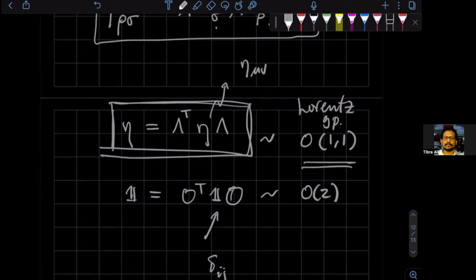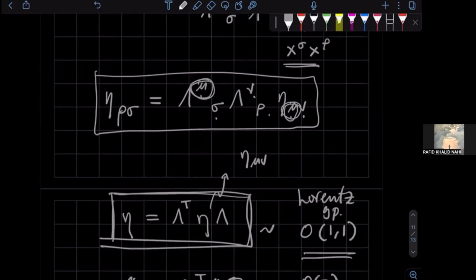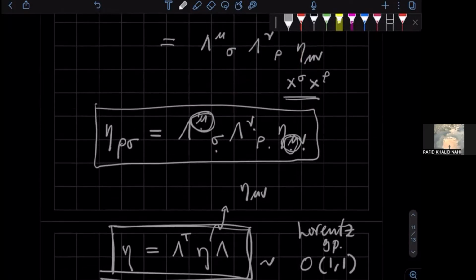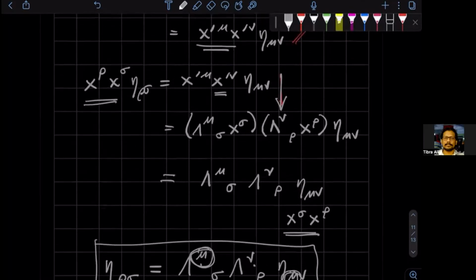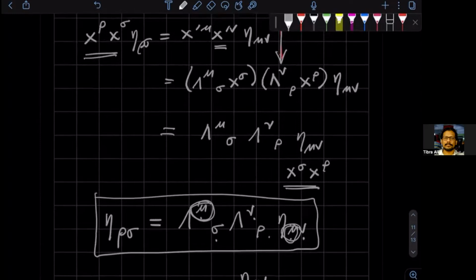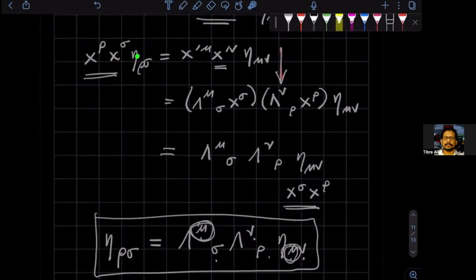Are there any questions? Could you go a little bit up? Yeah, so the line before that, how did you arrive at the line before that? I mean, this one. Okay, so here what I'm saying is that for this to be equal to this for arbitrary x's, this has to be equal to this thing, right? From this one to the next one?